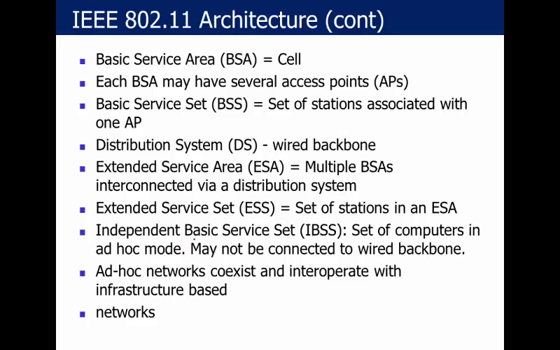For example, if you have multiple Zigbees talking to each other, and a few of them can talk to a station associated with one access point. An ad hoc network can coexist and interoperate with an infrastructure-based network.